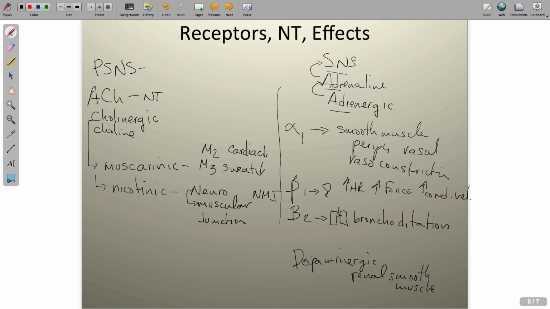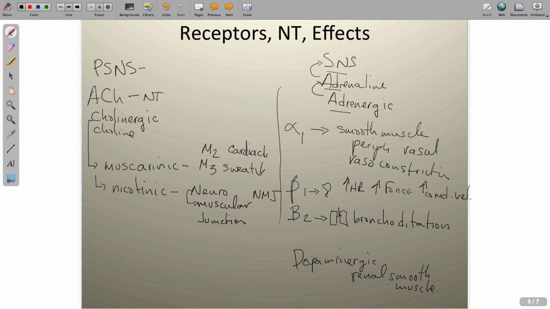All right, sympathetic nervous system. The receptors. We have alpha, beta, and dopaminergic receptors. The neurotransmitter in the postganglionic portion, the end effector neurotransmitter of the sympathetic nervous system, is adrenaline. Those receptors that respond to adrenaline are called adrenergic receptors. Alpha 1 receptors cause vasoconstriction.